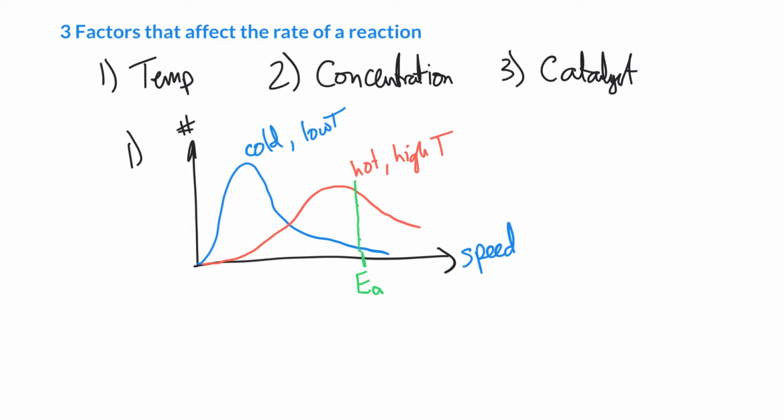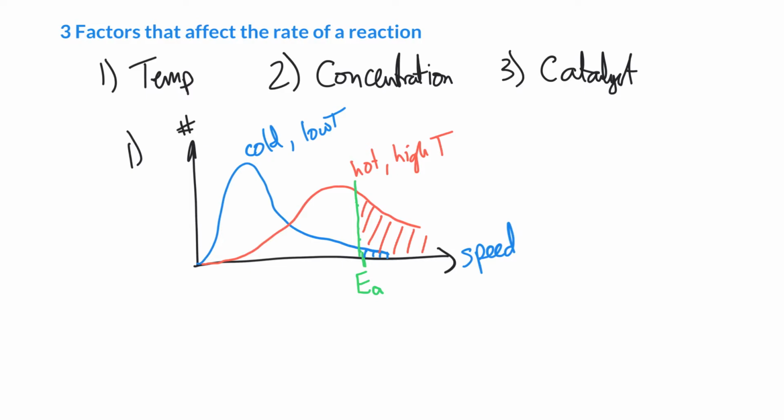And so there's a minimum energy the molecules have to move with. And if you're at a higher temperature, then more and more of these molecules, represented by the area under this curve, are going to have at least that energy in order to bump in and react. Whereas if you're at a cold temperature, you can see the tail out here, very, very small. So very few molecules are going to have a speed necessary to react.